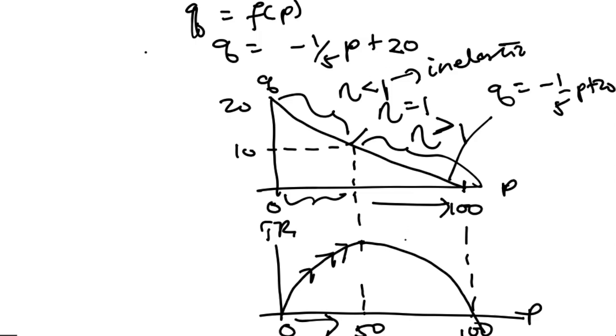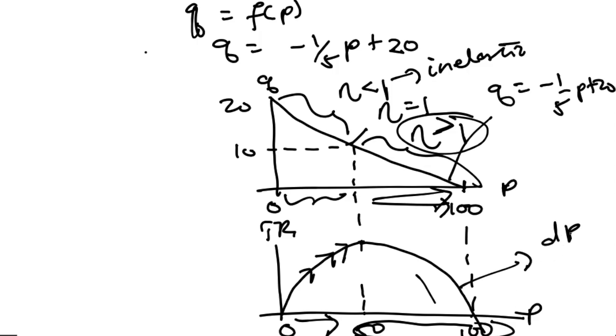But at the higher price level, if you increase the price to the right with the elasticity greater than 1, people are very elastic, so total revenue will decrease if you increase the price. That's why dR over dP is less than 0 when eta is greater than 1.